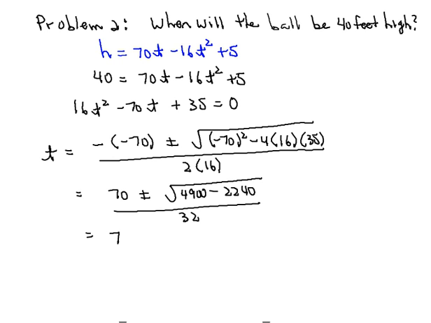So we have 70 plus or minus the square root of 2,660, all over 32. So we'll next get a decimal approximation for the two possible values of t.